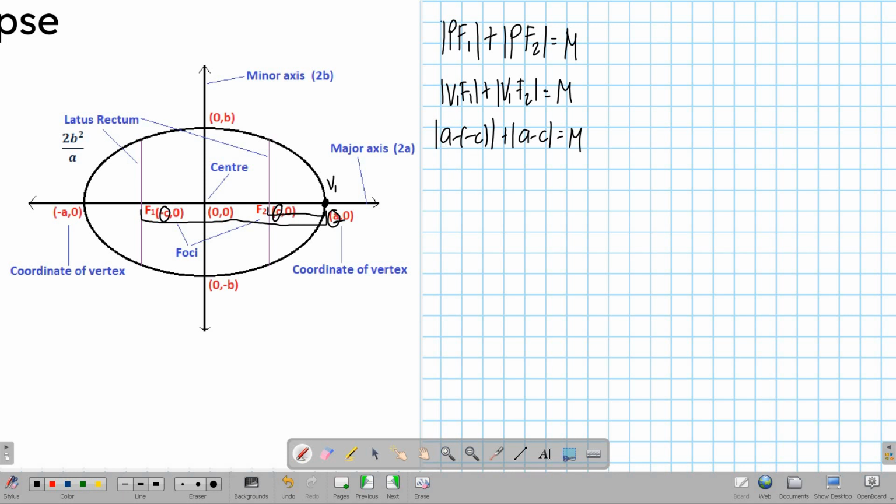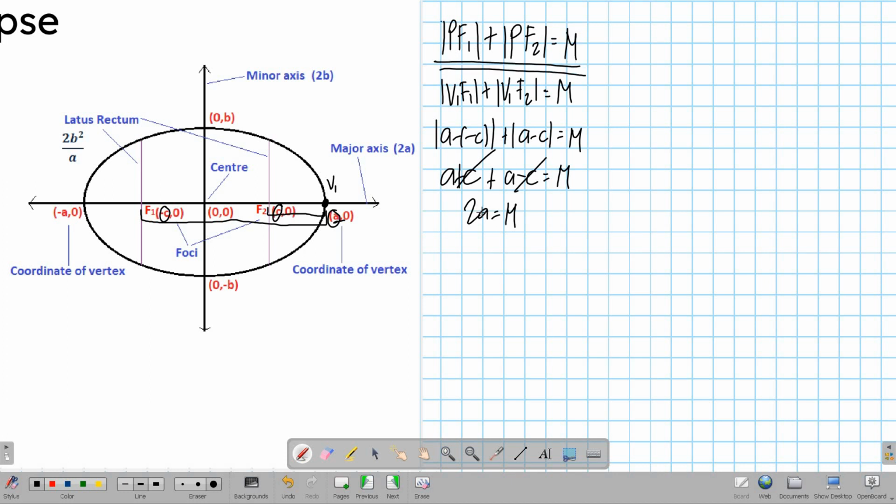So a minus -c becomes a plus c, and this becomes just a minus c. Combining like terms, c minus c becomes 0, a plus a becomes 2a. Therefore, that constant sum will be 2a. And that's what we are going to use now to derive the equation of the ellipse.